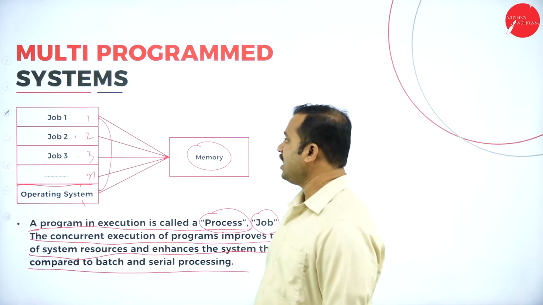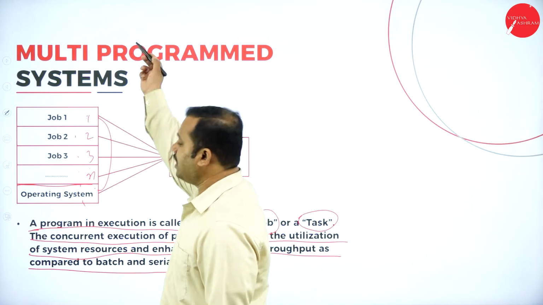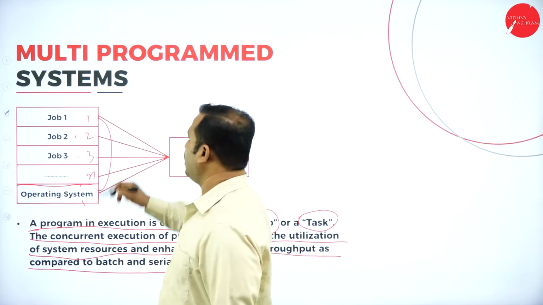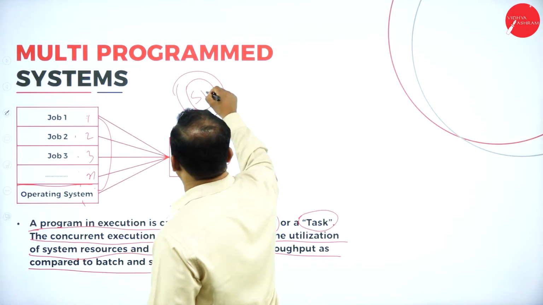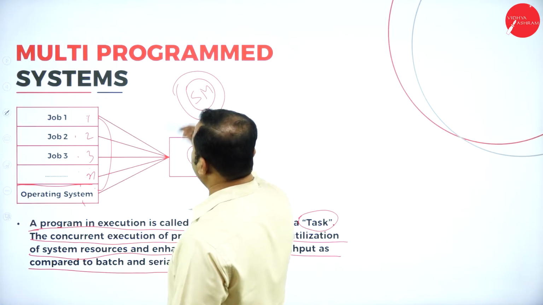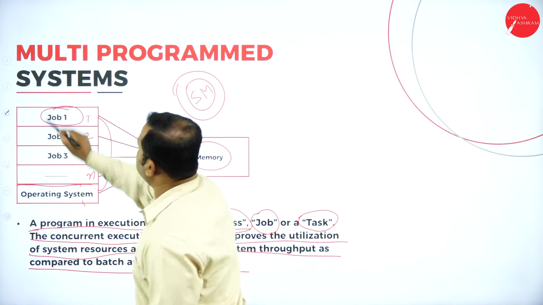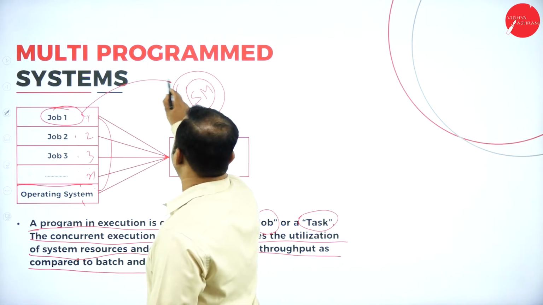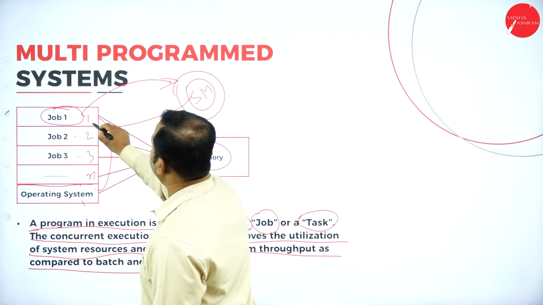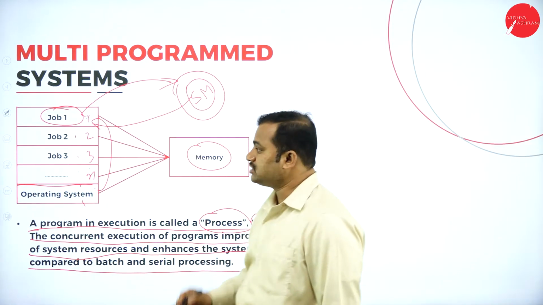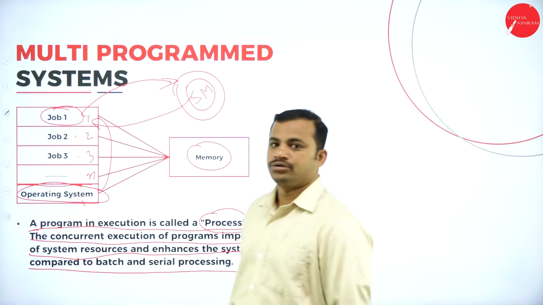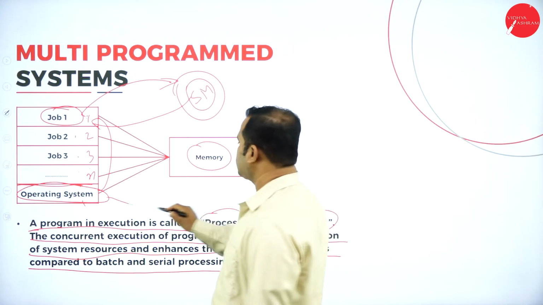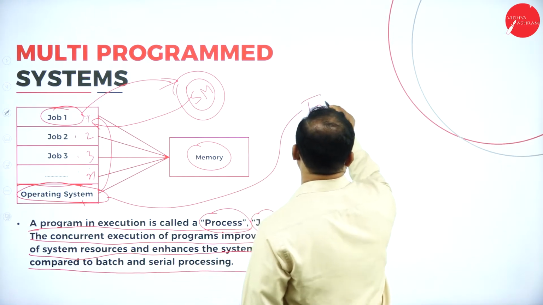When I have one of the jobs here and I have more jobs to be done, I will keep a few of the jobs in my secondary memory. If this job is executed completely, I will swap this to this area and this to this area. At the same time, I have reserved some memory location for the operating system, that is called the transient area.